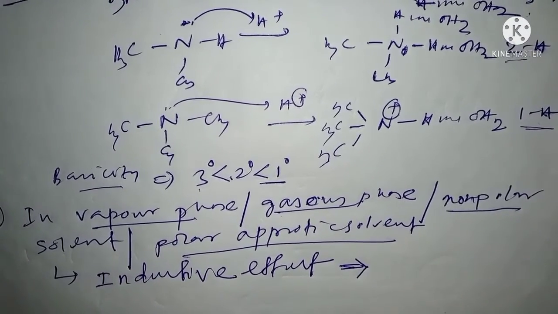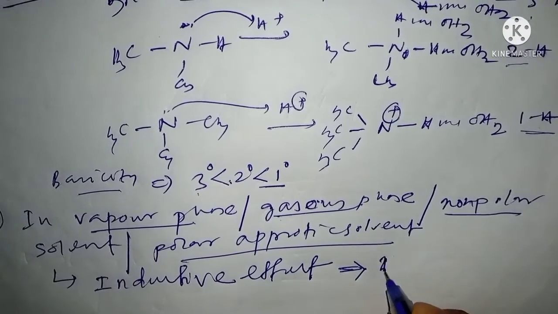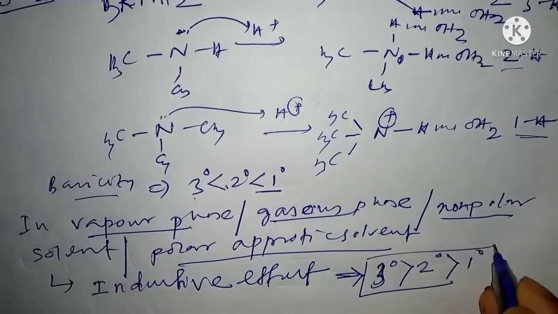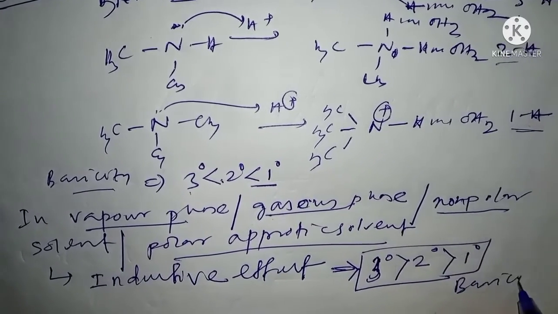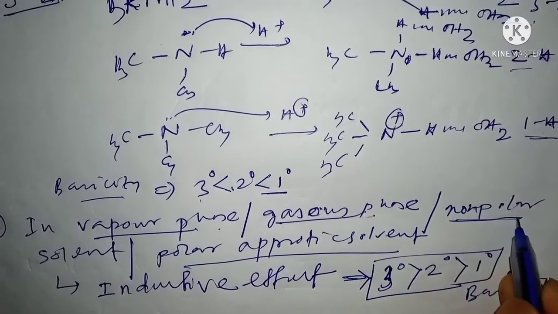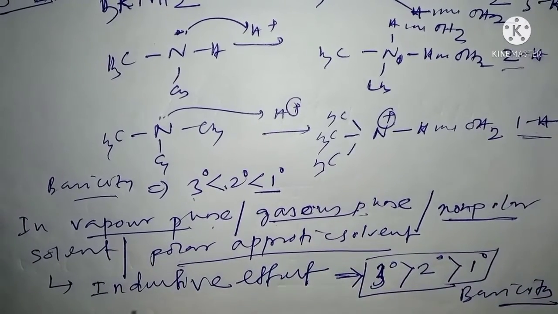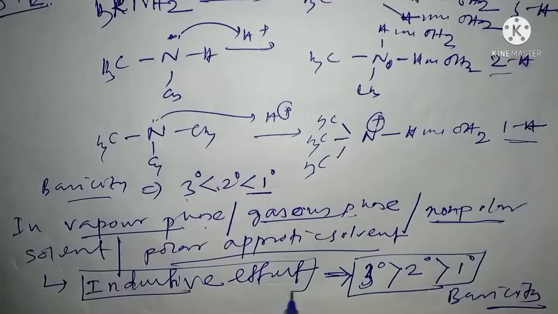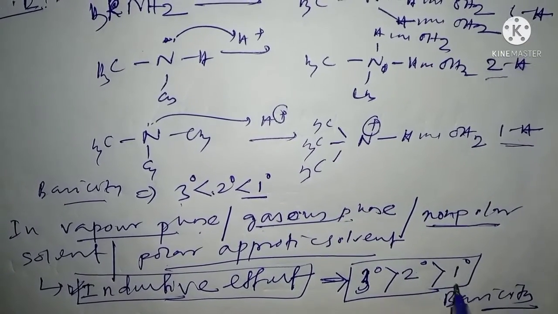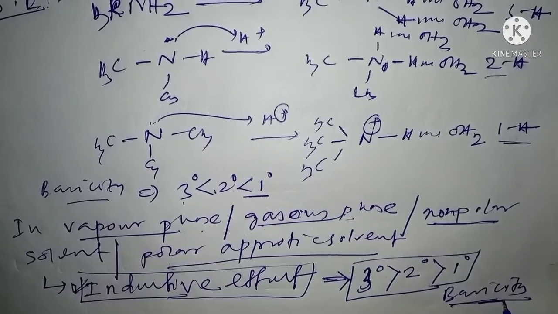This is the basicity order: 3 degree greater than 2 degree greater than 1 degree. Remember this: in the vapor phase, gaseous phase, non-polar solvent or polar aprotic solvent, the inductive effect is the predominant factor. So the basicity order is 3 degree amine greater than 2 degree amine greater than 1 degree amine.